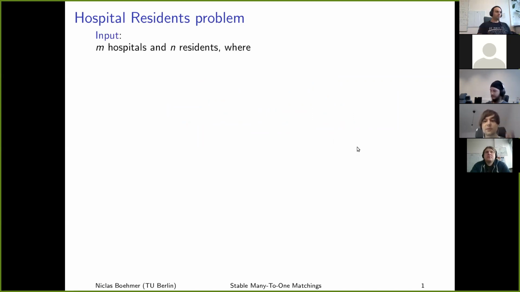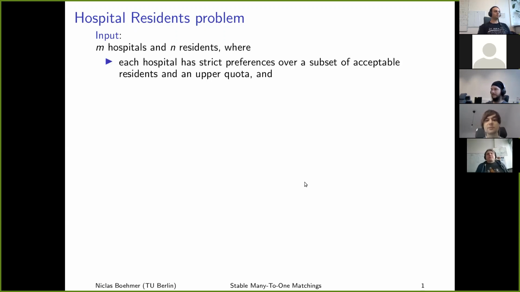On the one side we have a set of hospitals, on the other side a set of residents, with M hospitals and N residents, and we want to find a matching of residents to hospitals. Each hospital specifies a subset of acceptable residents. So each hospital tells us, I would accept to be matched to this resident and this resident and this resident, but not the others, for example.